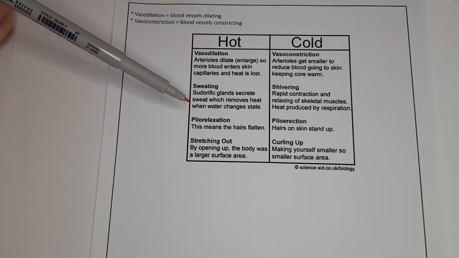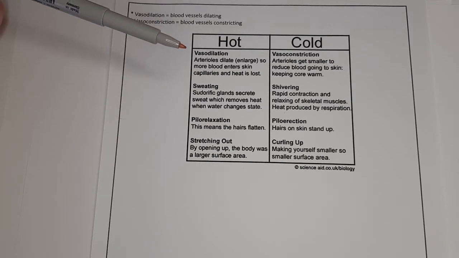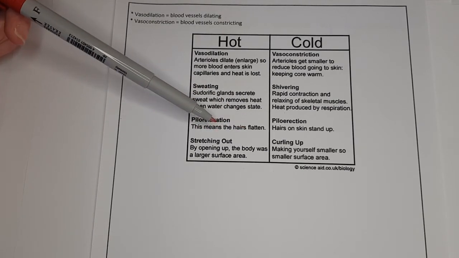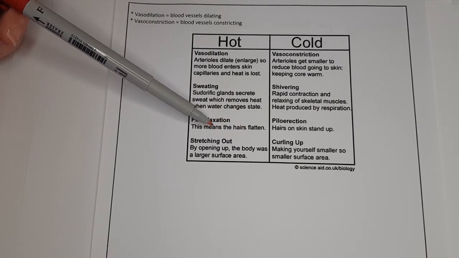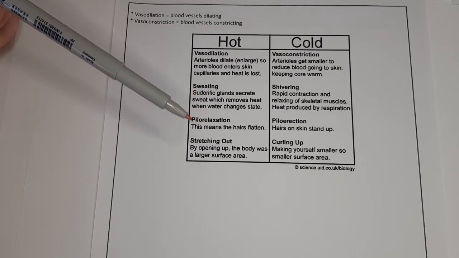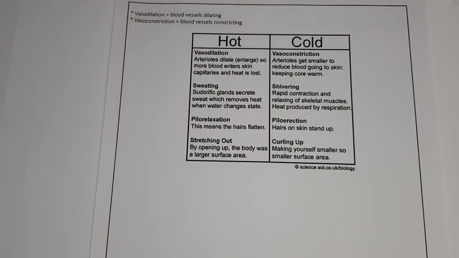So we sweat to get that evaporation process. All the hairs lie flat so that we don't need to trap anything. Okay, and you get as much surface area as possible in terms of releasing as much sweat from as many places, lying down all of those, and vasodilation.